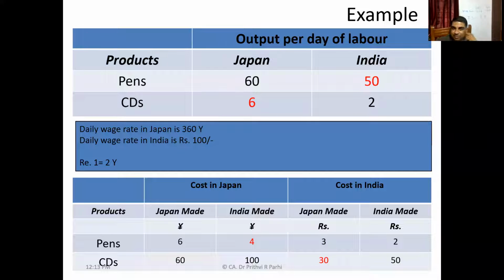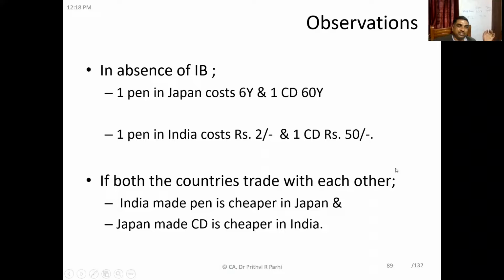Okay, understood? That is what this theory explains. This theory suggests that in the absence of international business, one pen in Japan costs 6 yen and one CD 60 yen. One pen in India costs 2 rupees and one CD 50 rupees.